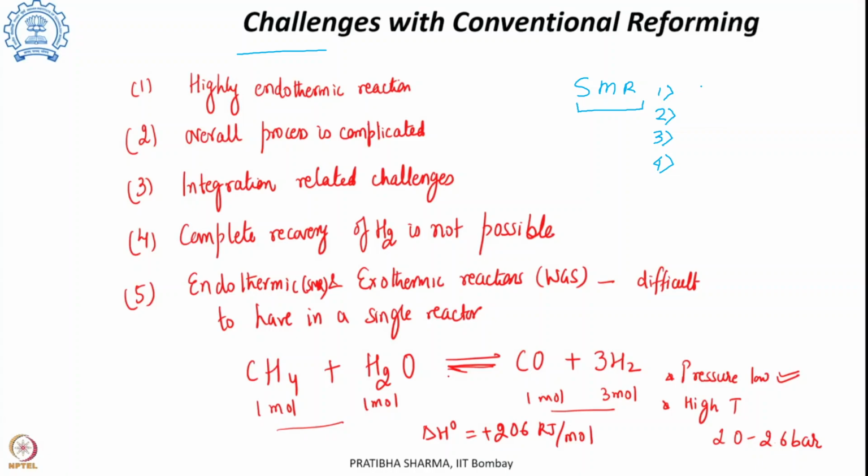First, desulfurization. Yeah, that is called pre-treatment. Very good. Next is the SMR reactions, the steam methane reforming reaction. Next, the water gas shift reaction, that means carbon monoxide reacts in the water gas shift reaction and produces carbon dioxide.